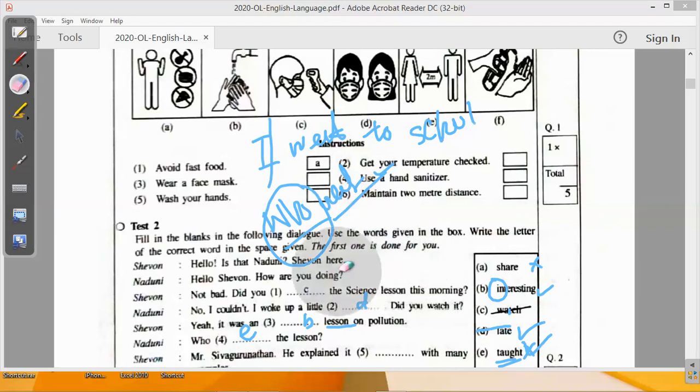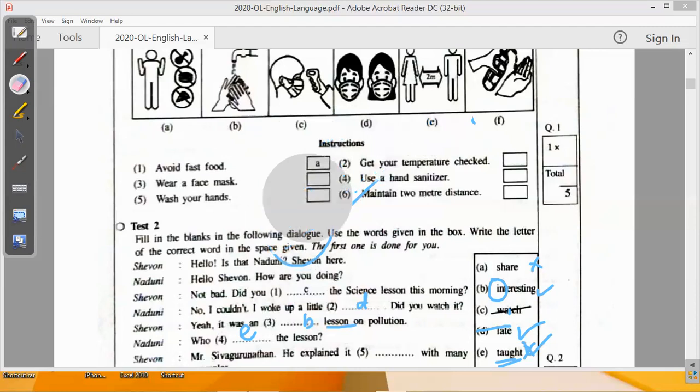I understand the fact that most of these questions are relatively easy, but you might get questions in the future where you can't answer the way you do these things sometimes. That's why I have been teaching you the grammatical approach, the correct approach to be made in order to get the correct answer, right?